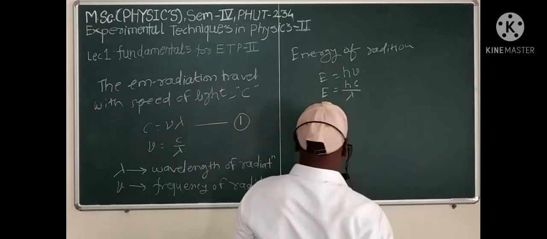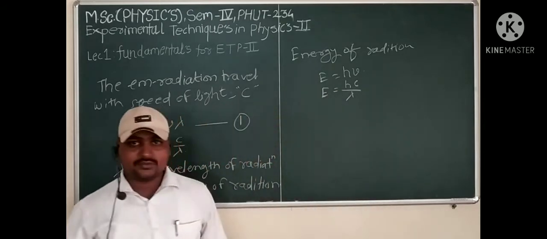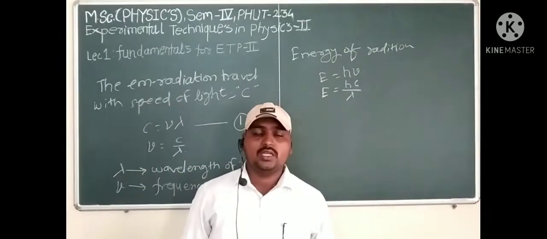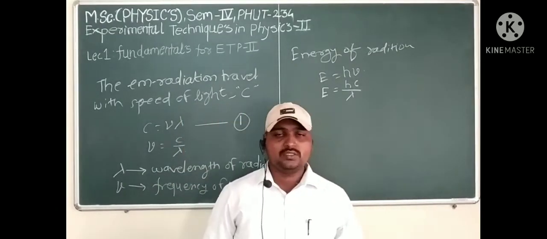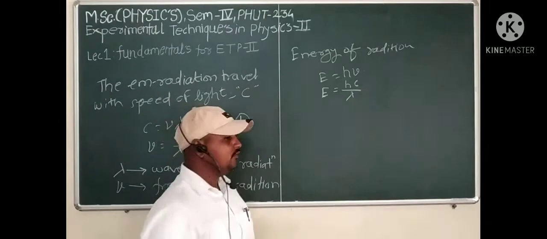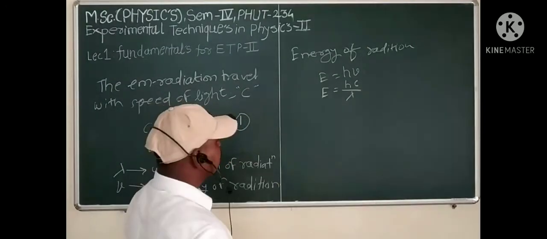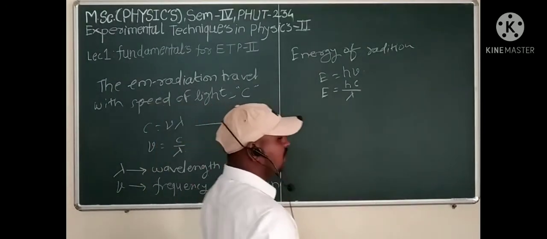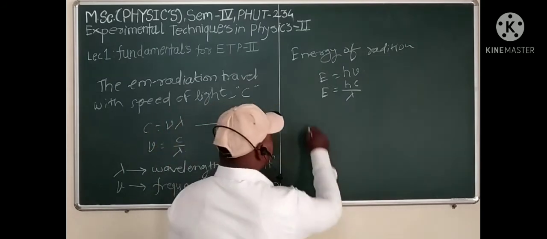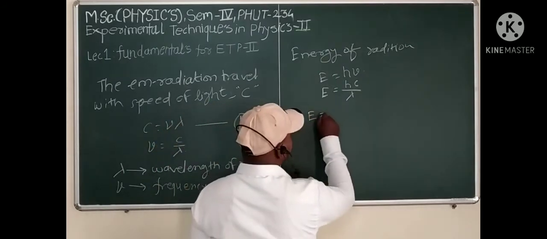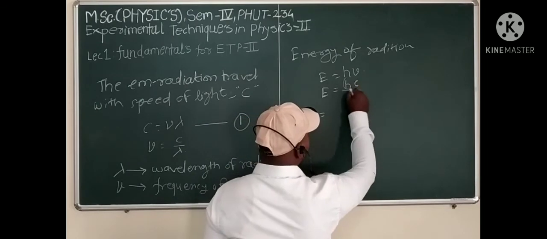Energy, we measure in terms of ergs, joules or electron volt. But what are the relations between these three units? On the microscopic scale we use electron volt as the unit of energy.